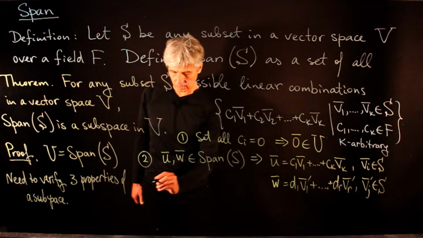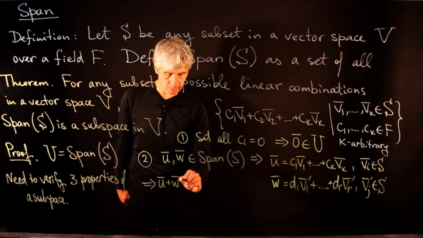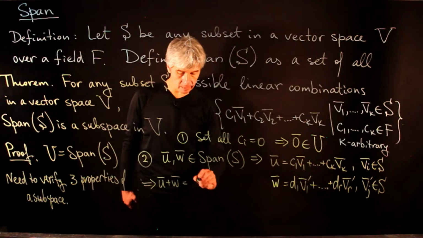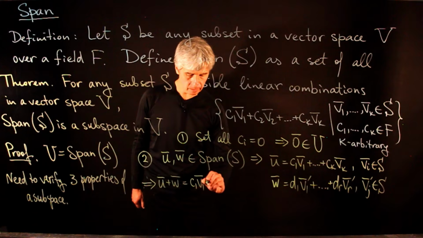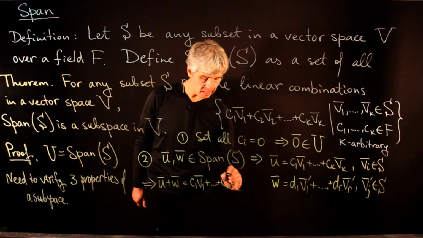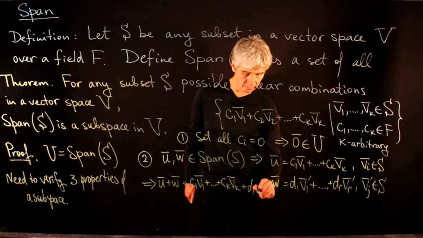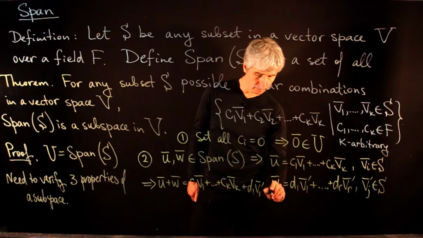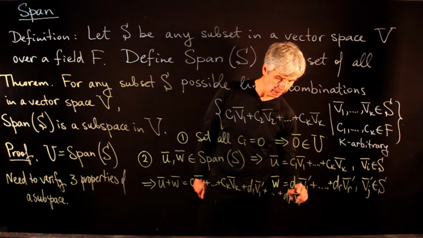And then from here we see that U plus W is just a longer linear combination. So it's C1 V1 plus CK VK plus D1 V1 prime plus DR VR prime.